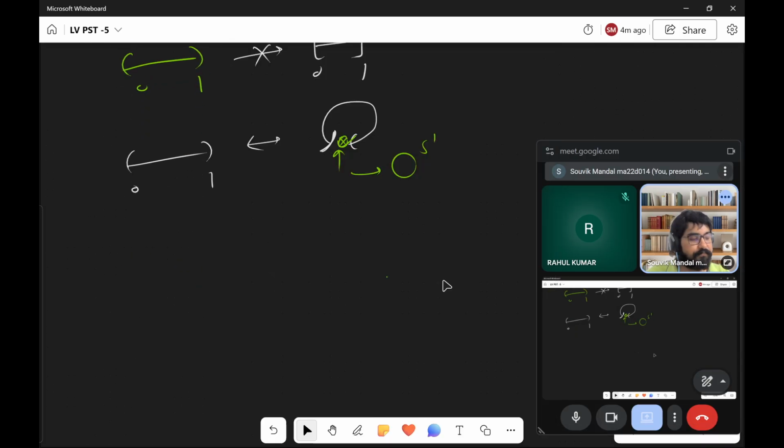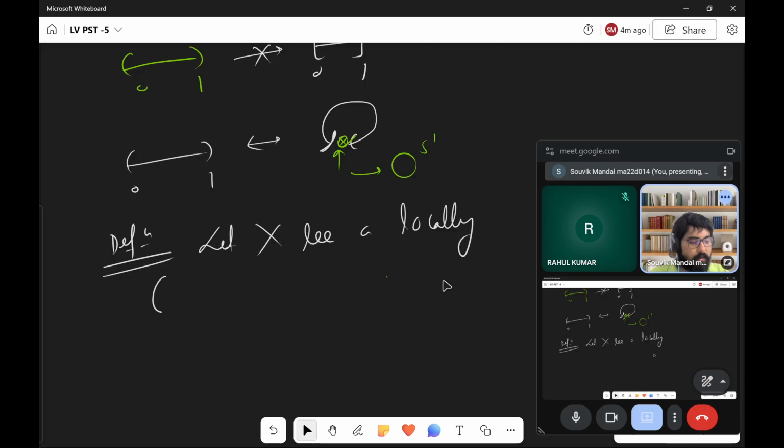Okay. Now, so this is the intuition. Now the definition is as follows. In mathematics, we must have a definition; intuition does not work. So the definition of one-point compactification is as follows.